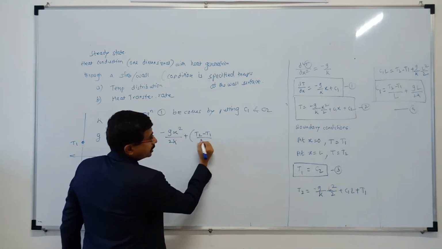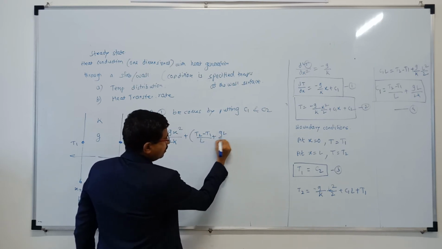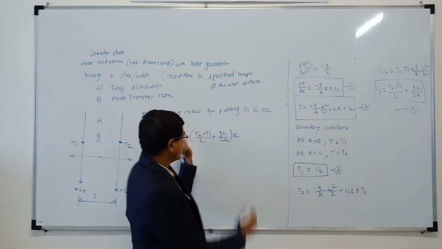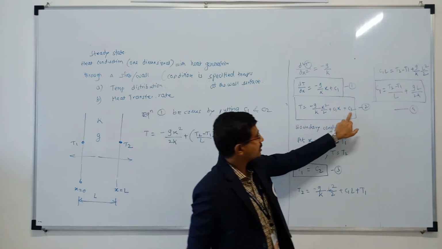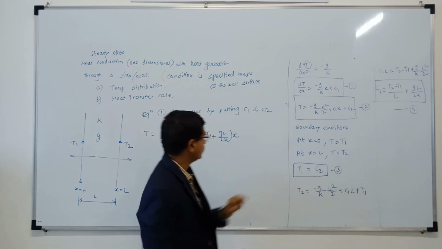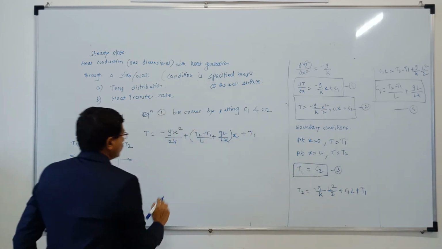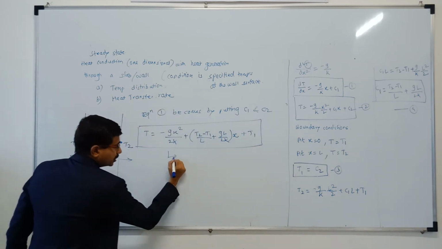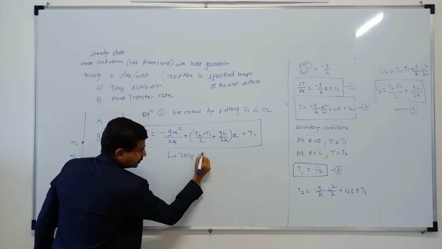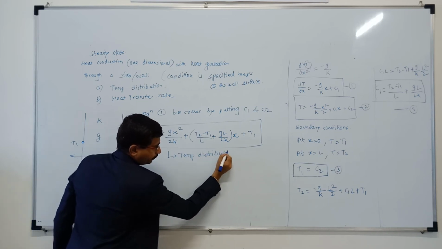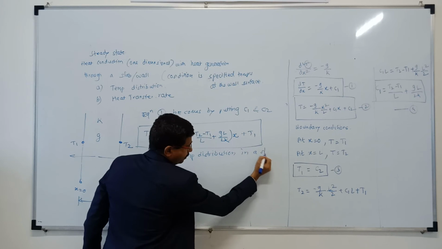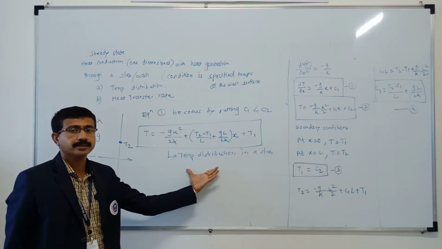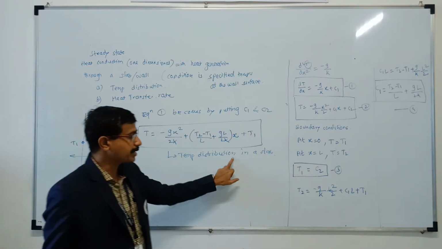T2 minus T1 divided by L, plus g L by twice k, into x. So this is c1 into x, plus c2. What is c2? c2 is T1, plus T1. So this is the expression which will give you the temperature distribution in a slab for steady state one dimensional heat conduction with heat generation. What is the meaning of temperature distribution?